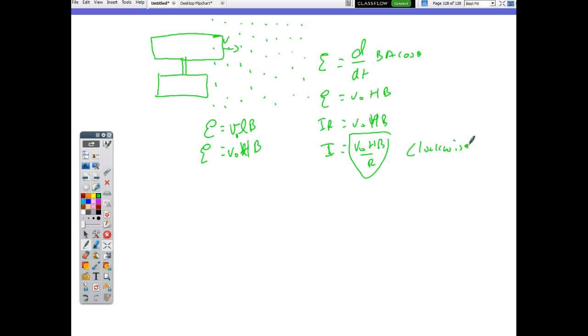So if I've got force is equal to IL cross B, I just discovered that the current is in fact that. The length of the wire is whatever this dimension is, which I didn't write on the board, which is really dumb, H. The magnetic field is B. So the force would be that, would it not?